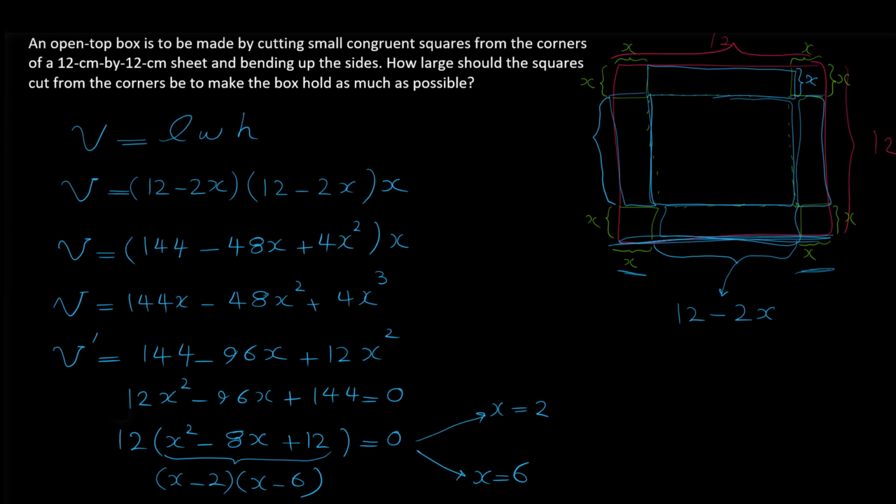Between these two values, we only accept x equals 2 and we reject x equals 6. Because if x were 6, 12 minus 2 times 6, 12 minus 12 would be 0, and the length of the box would be 0, which doesn't make sense. So we only accept 2 as our answer.